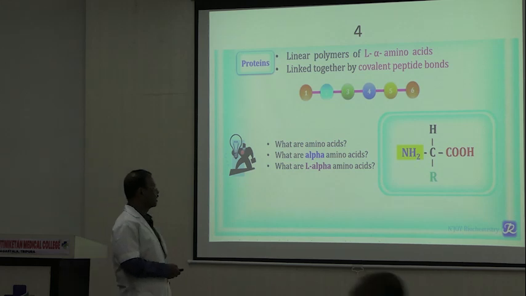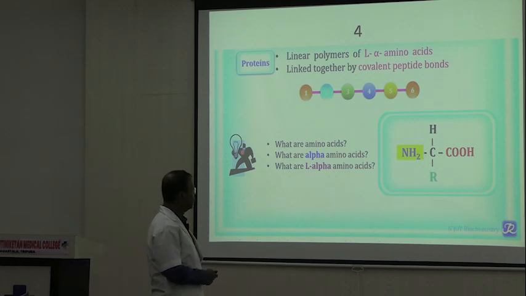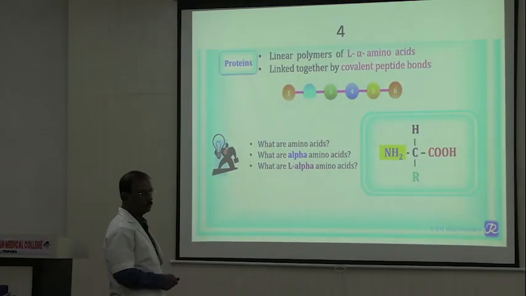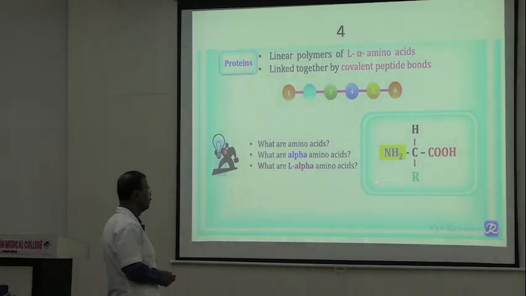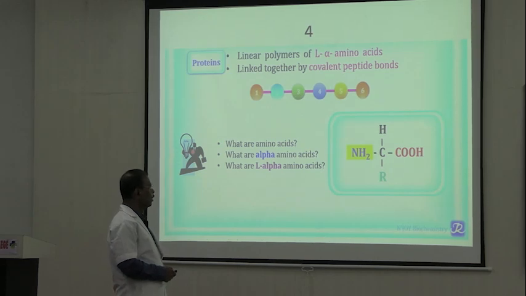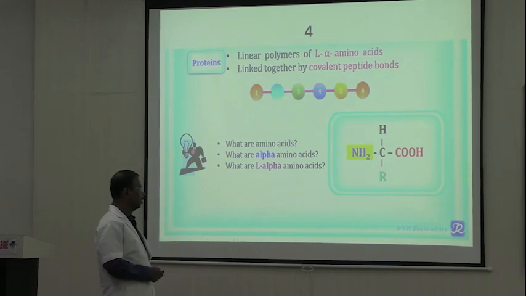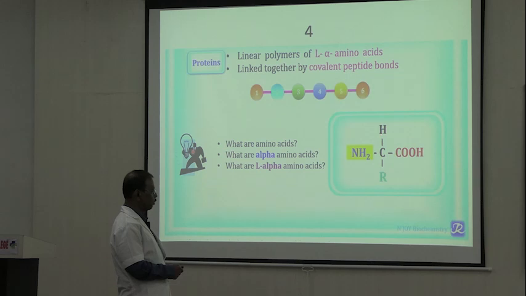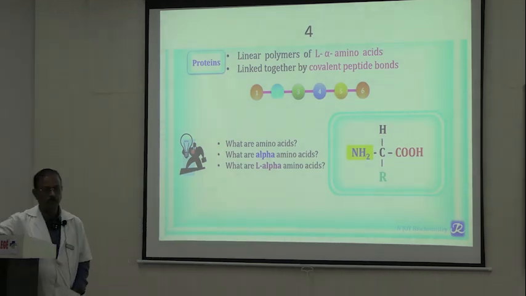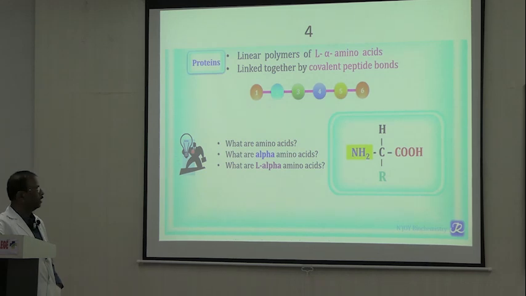This is the general structure of an amino acid. It has a carbon atom attached with an amino group, a carboxyl group, R, and a hydrogen atom. Now, R is a functional group. It can be hydrogen or another molecule.